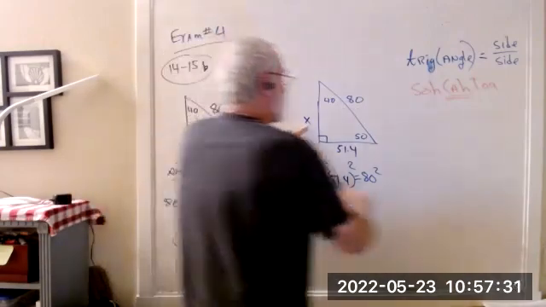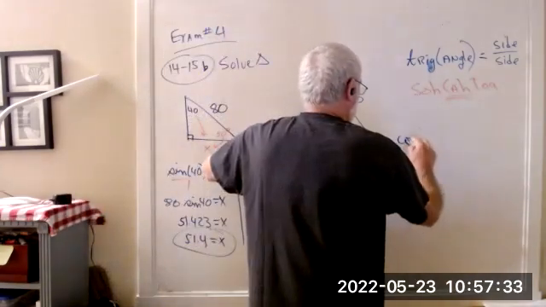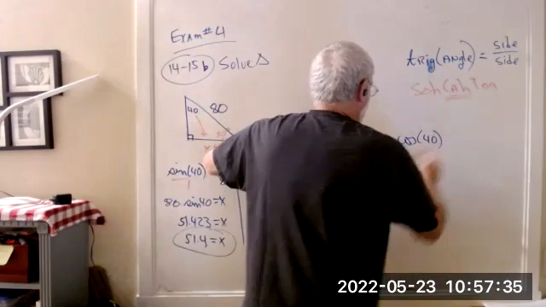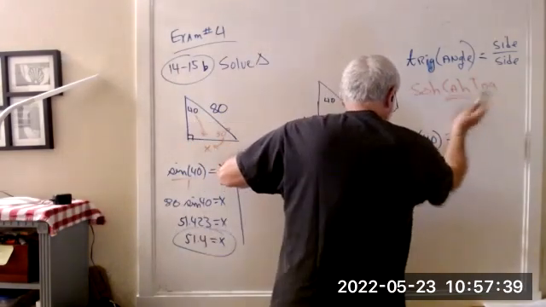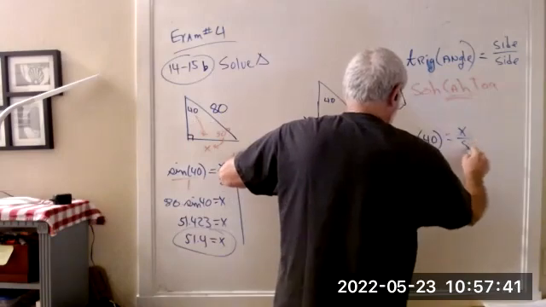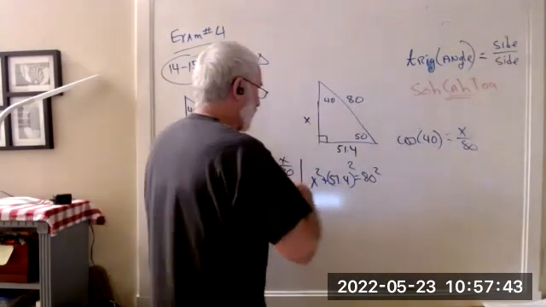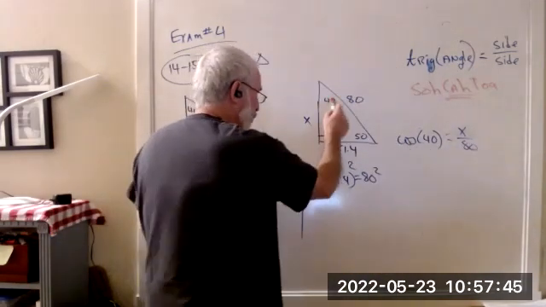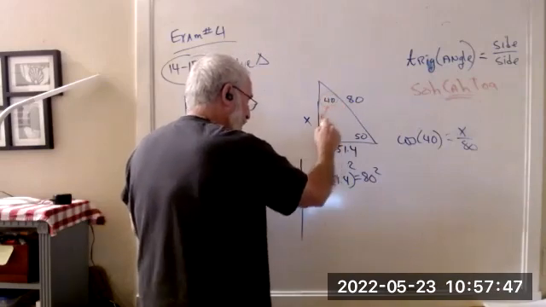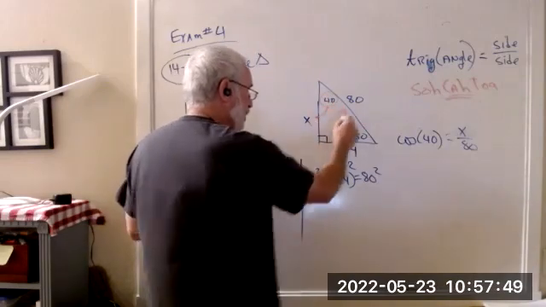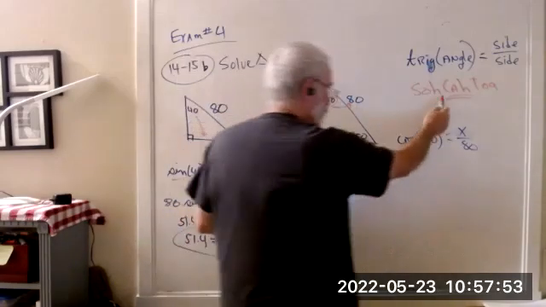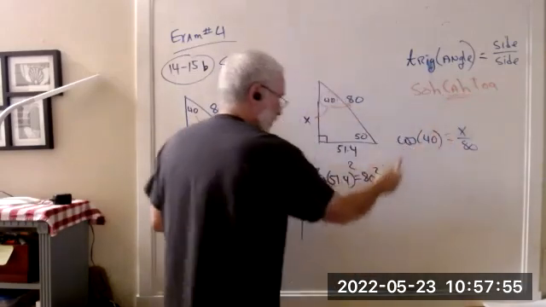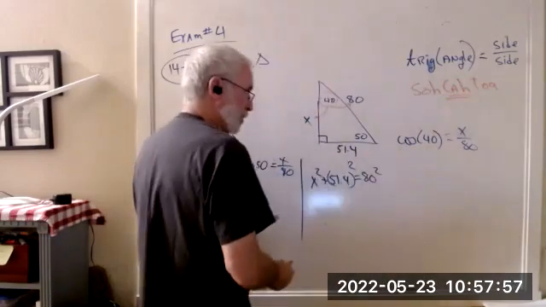So we could say something like the cosine of 40 is X over 80, because the cosine is the adjacent. So if we use the 40, X is adjacent, 80 is the hypotenuse. So the cosine is adjacent over hypotenuse. So you could write that equation.